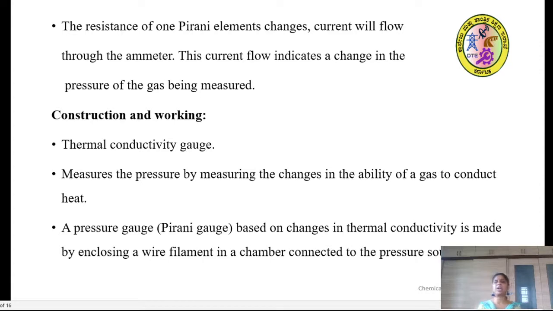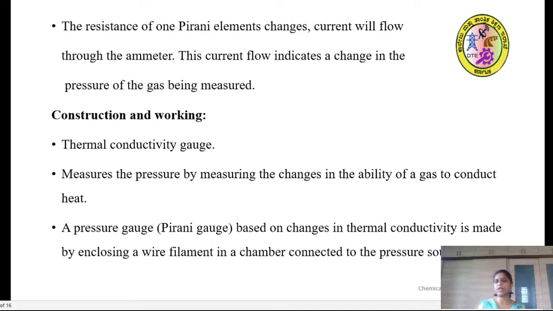So what is thermal conductivity? You have all learned it from the 8th standard itself. Thermal conductivity is nothing but the ability of a material to conduct heat.